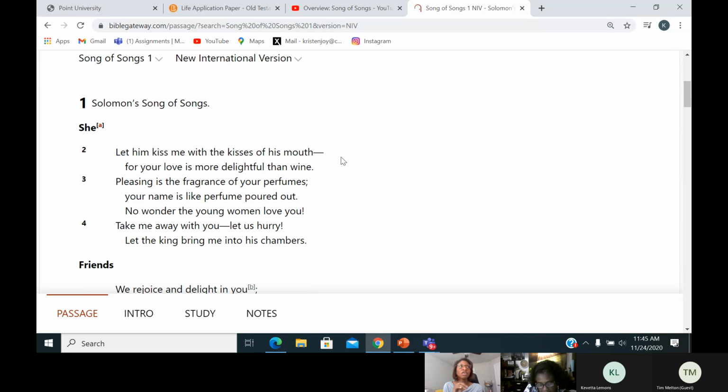And this is the only book of the Bible found in the Old Testament that deals strictly with a relationship between male and female, and love. It does talk about marriage. It does talk about romance. It does talk about sex. Oh my goodness, what? It's in the Bible. Yeah. So I want you also to understand that the Bible is holistic and talks about so many different topics.